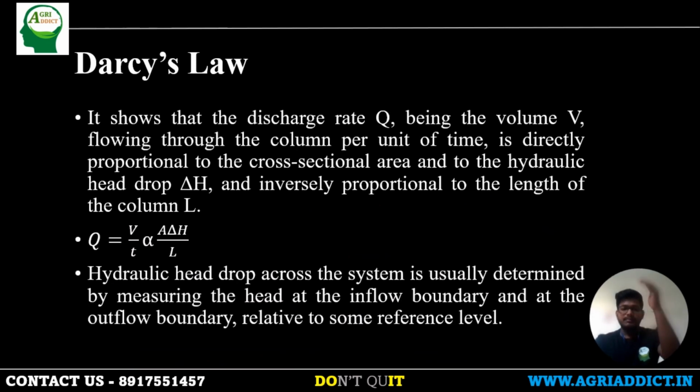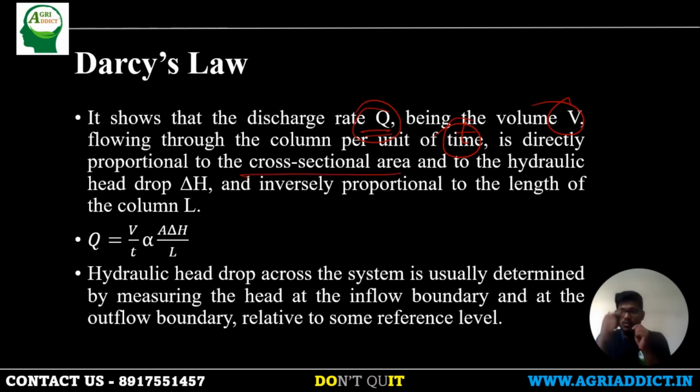So from the before slides, the discharge rate Q, being the volume V, means whatever water is discharging has one volume, that is V, flowing through the column, that soil column, per unit of time, that is T. It is directly proportional to the cross-sectional area.